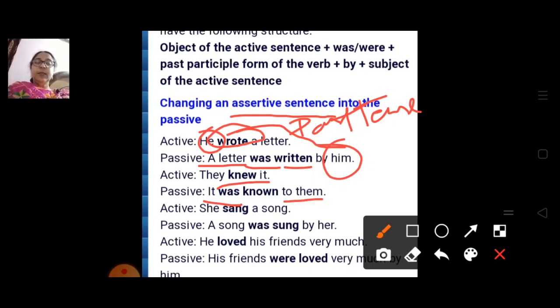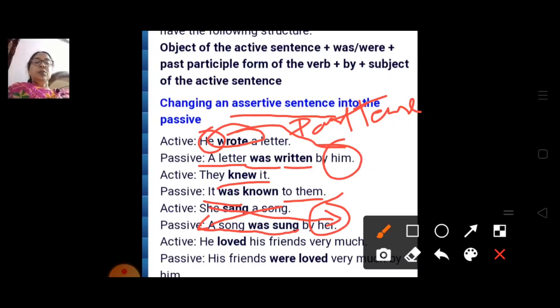In passive voice, a song was sung by her. So here you can see this song has become the subject, and she has changed to her. So the pronoun is changed over here.